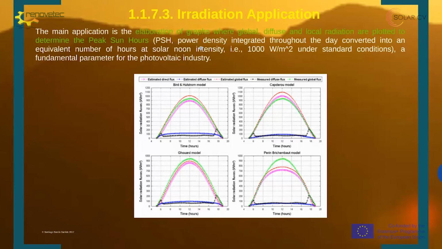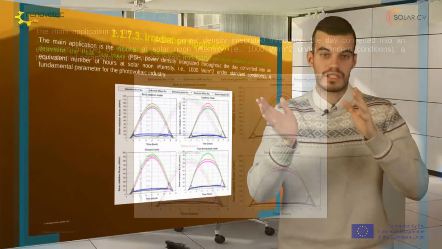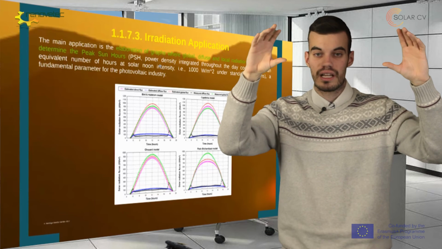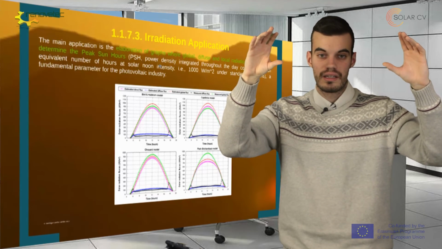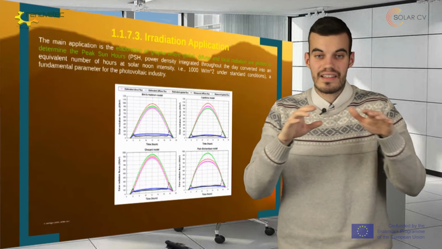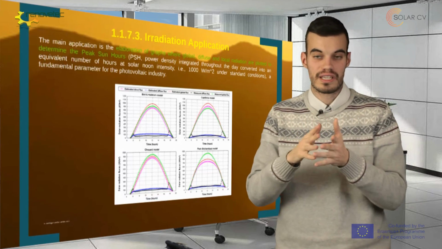So, for example, if in a day we receive 5,000 watts per meter square, we can translate this into 5 peak sun hours, because we divide this total irradiation received by the standard, and this is 1,000 watts per meter square.